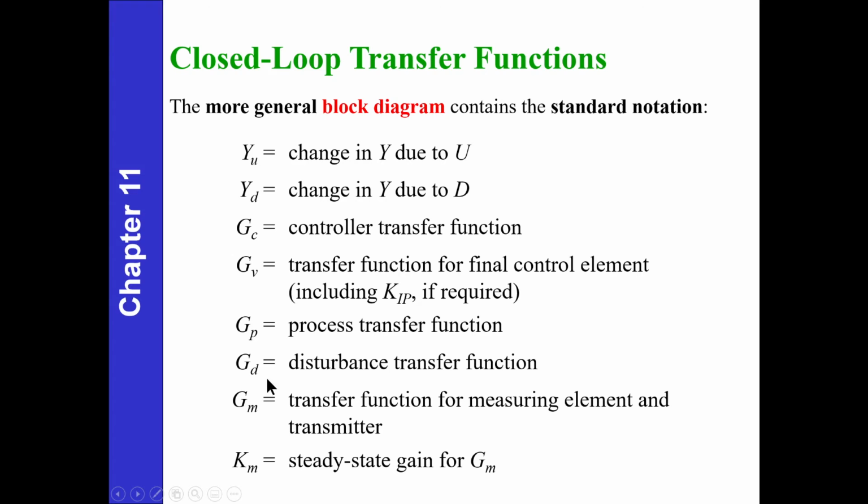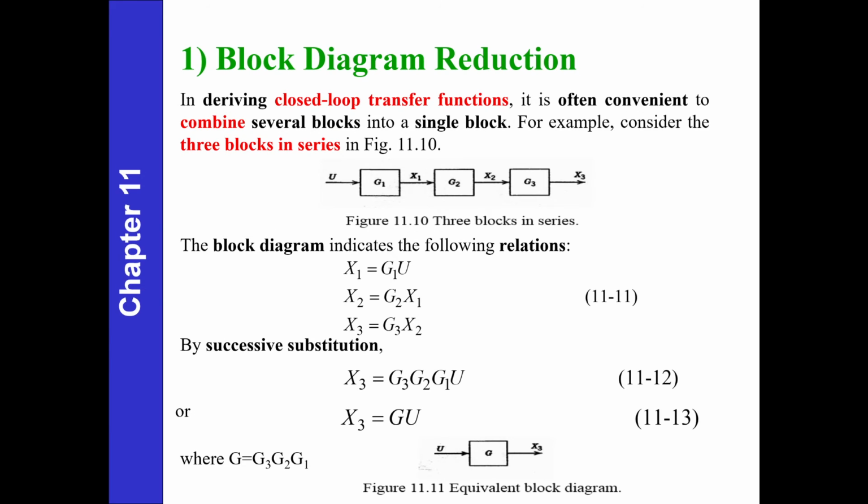Again, the transfer function for everything, and Yu and Yd is a change in Y due to U, the set point change or manipulated variable. Yd is a change in Y due to the D, which is a disturbance. You don't have to memorize this.